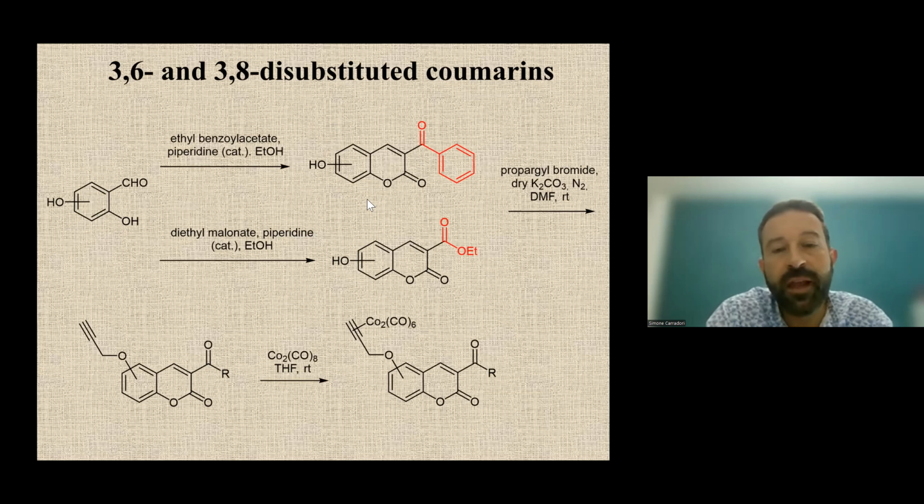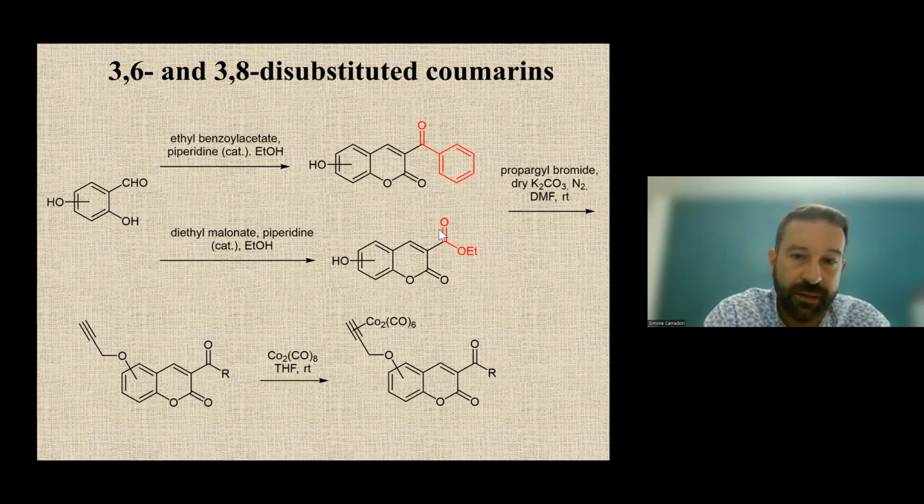Coumarins were obtained by the classical Knoevenagel condensation between the proper 2-hydroxy aromatic benzaldehyde with ethyl benzoylacetate or ethyl malonate in a basic environment.